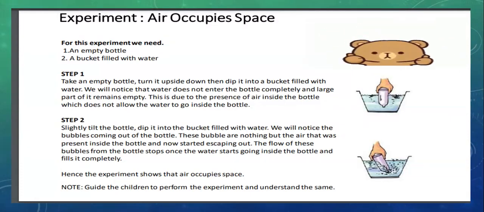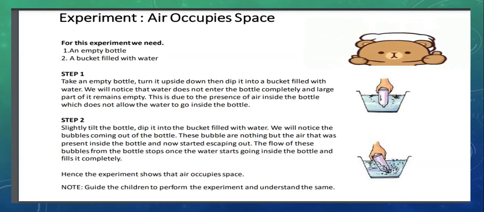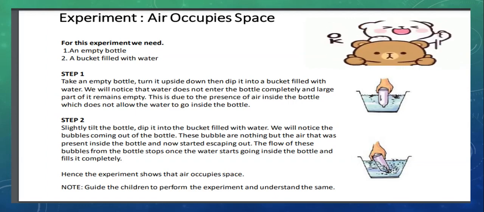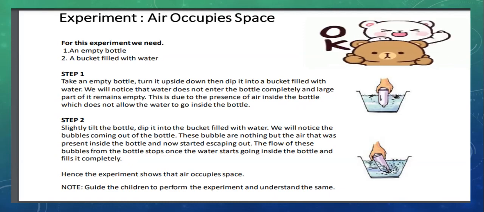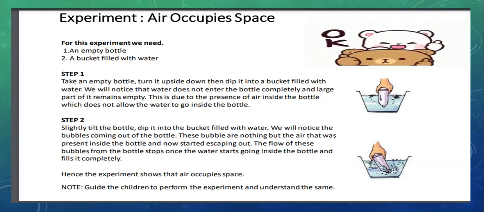First, you need to take the empty bottle and turn it upside down, and then dip it straight into the bucket of water. We will notice that the water does not enter the bottle. Do you know why? Yes, this is because the air inside the bottle prevents the water from entering it.